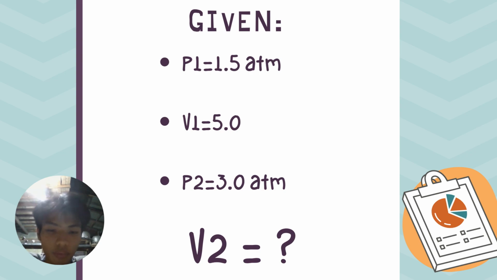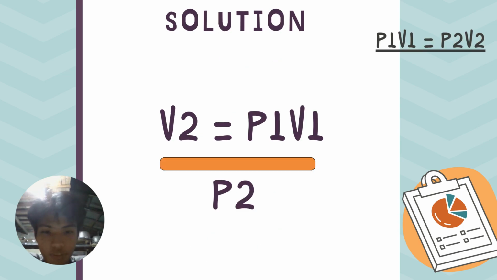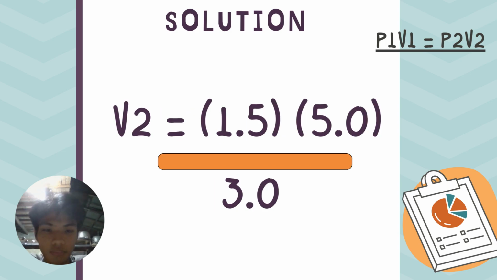We're going to look for our volume 2. So our solution here is V2 equals P1 V1 over P2. We're just going to transfer our given numbers. So 1.5 multiplied by 5.0 over 3.0.